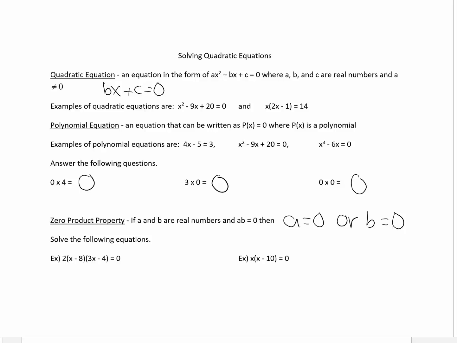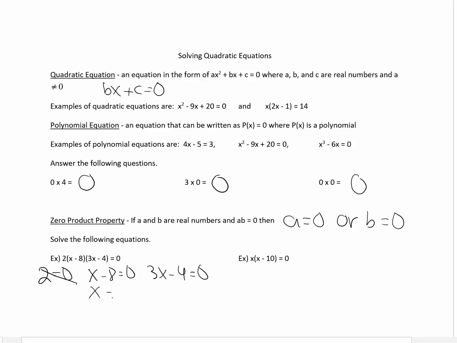All right, so let's solve the following equations. So the first example, because it's set equal to 0, I can set each factor equal to 0. Well, 2 equal to 0 doesn't make sense, and if I plug in 2 for x, I get 2 times negative 6 times 2, and that does not equal 0.